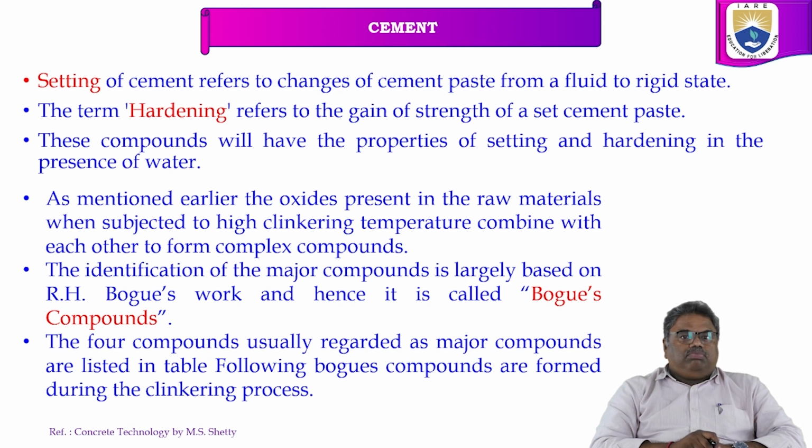Please listen carefully to the sentence. Clinkers have a lot of oxides, as we discussed in the previous slide. Those oxides will combine during the clinkering process when subjected to high temperatures, and they will form complex compounds.